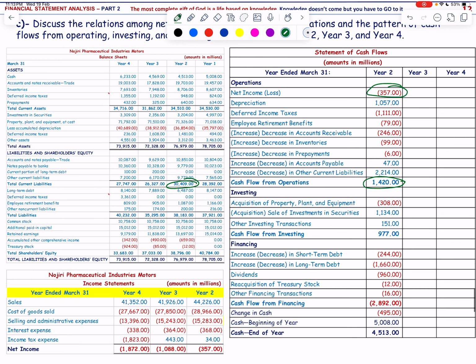You can see there is a decrease from year number 1. So the proceeds from these activities they have used to pay the dividends. As you can see, they have paid the dividends of 960.